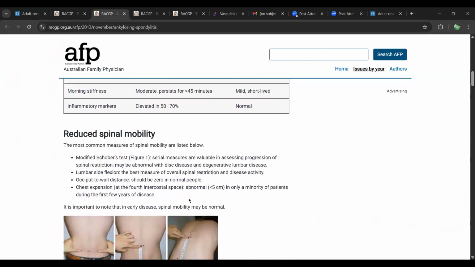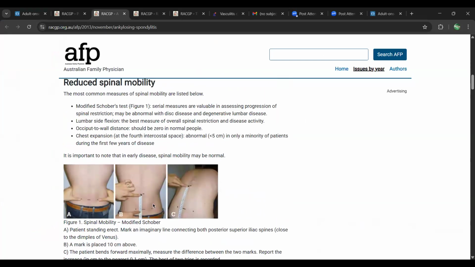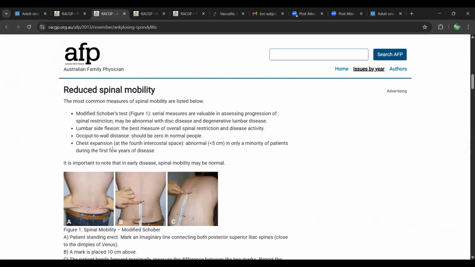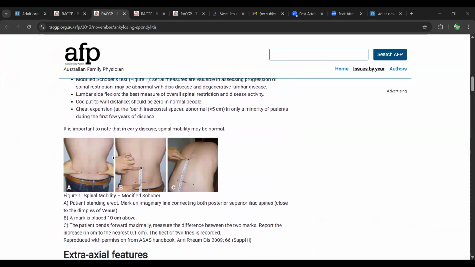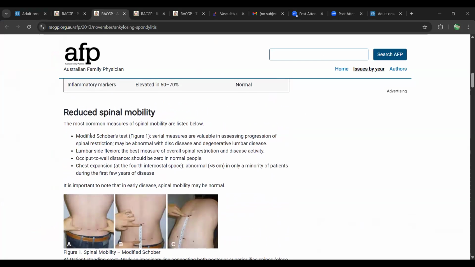So you can check the RSAGP guidelines. This is the ankylosing spondylitis. So you can just go through. These are not absolutely necessary, but just know there's the Schober's test, just to recall what you have done in the past, right?